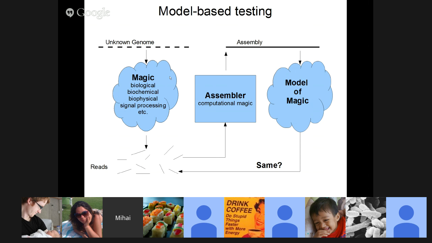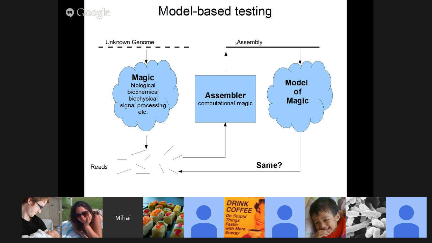I call it magic because biologists mix clear liquids and expect something to come out, and things come out of mixing clear liquids, which is quite amazing. But then I have the reads. The only thing I know about the actual genome is a set of reads. I don't know the genome.